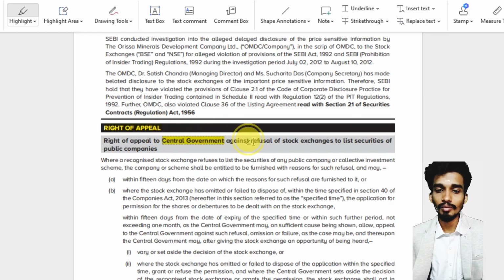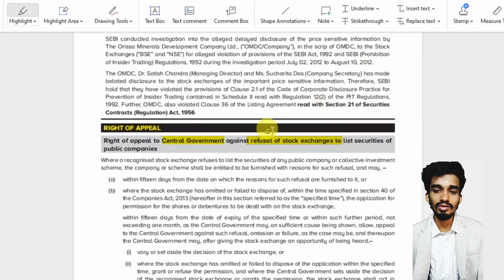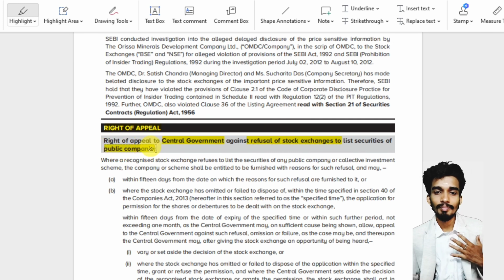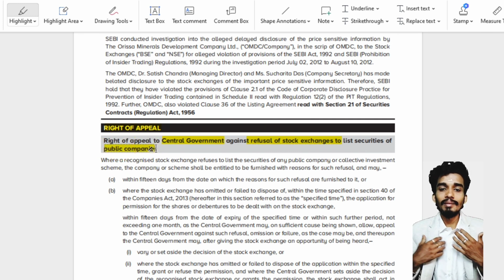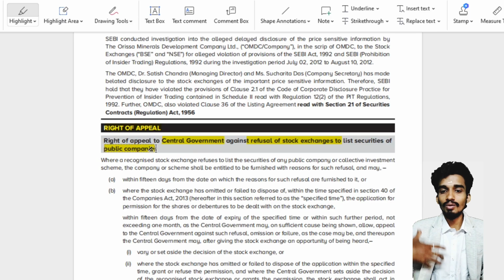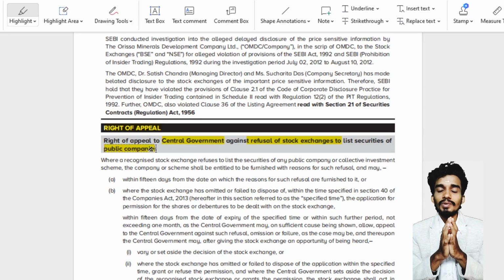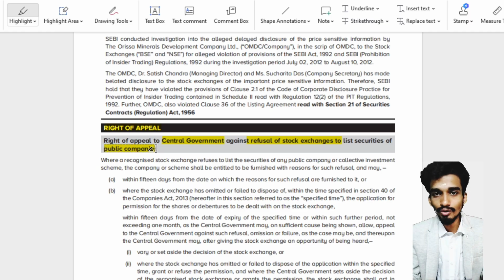Here they're talking about whenever there's a refusal by stock exchanges to list securities of public companies. If I'm a company and I want to list my securities on the respective stock exchange, but the stock exchange is not allowing me to, where do I go?